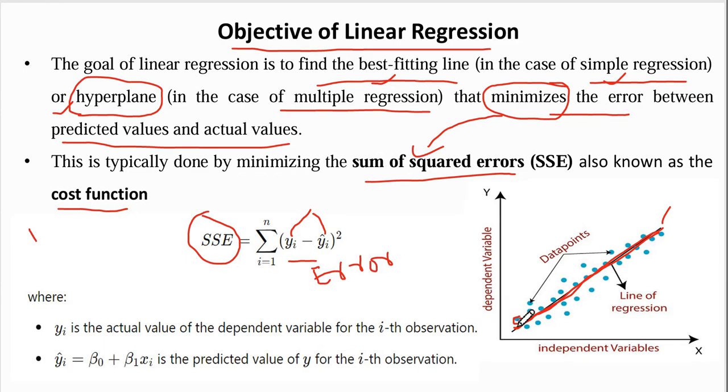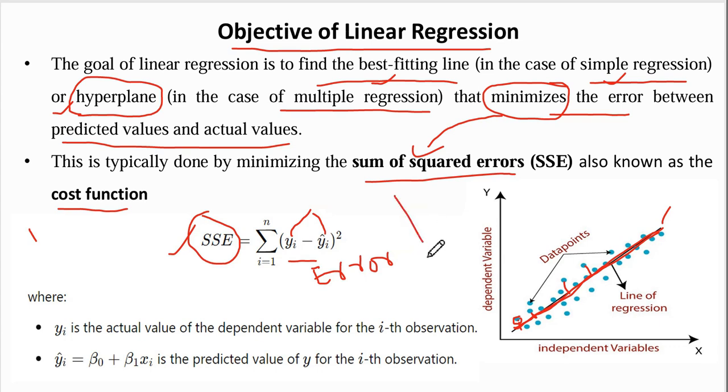The distance between these two gives the error. Likewise, we summate all those errors and get the total error.